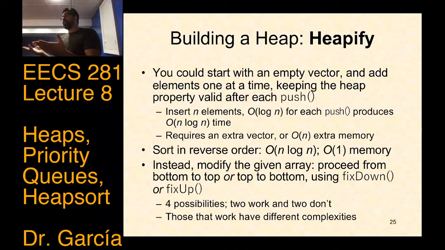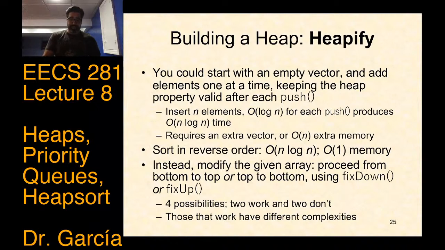That operation, you can imagine, is n log n, assuming that the size of the random array is n. It's an n times log n operation, because for every element in the random array, we're going to be pushing, and we know the push operation is log n time.